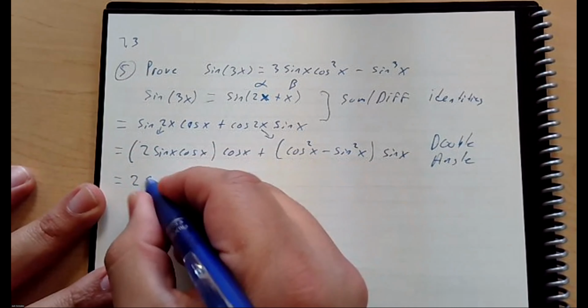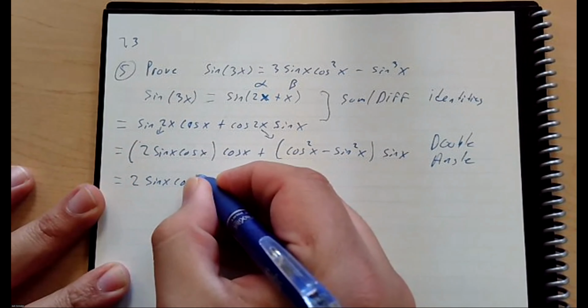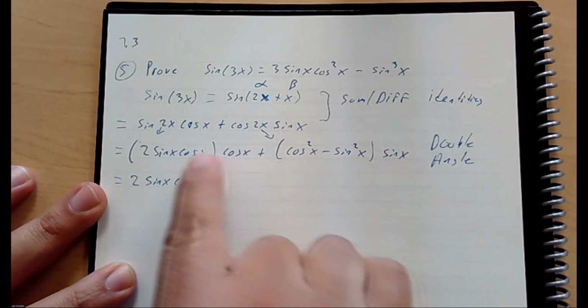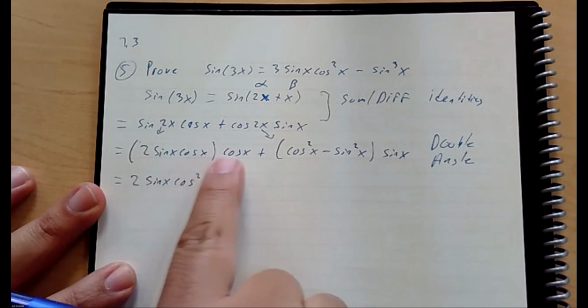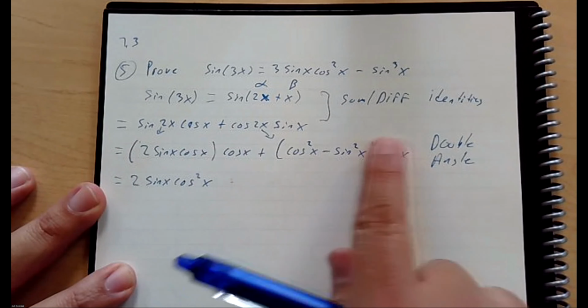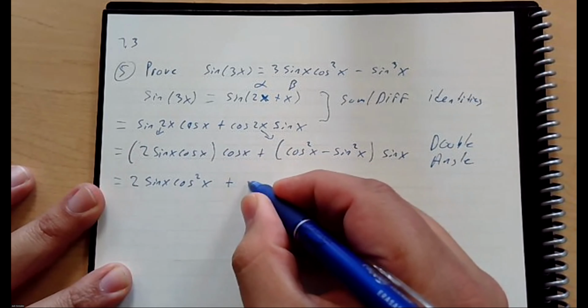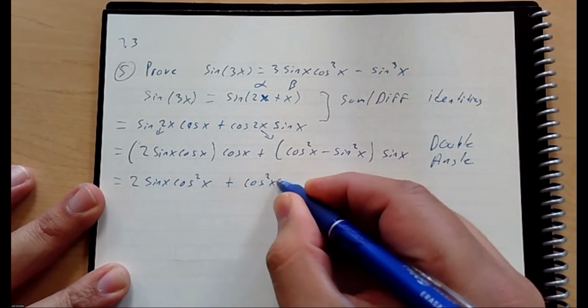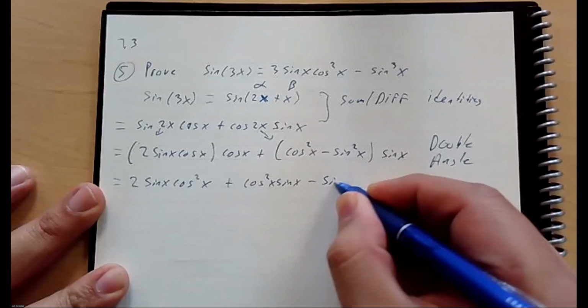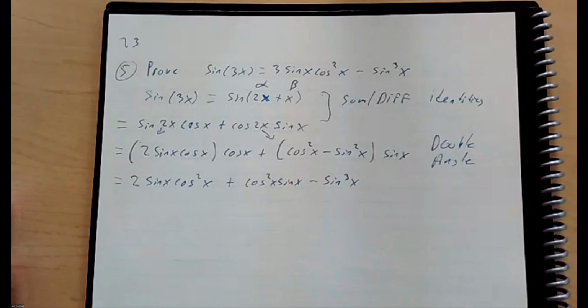This becomes 2 sine cosine squared. Just multiply that guy in there. This is a product, not a distribution. Over here, we have to distribute on 2 terms. This will be cosine squared x sine minus sine cubed. You guys still with me?